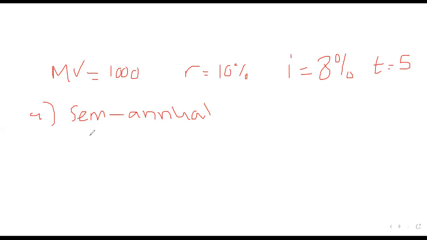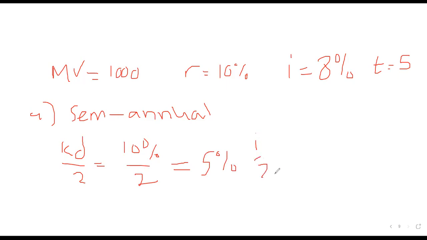So the semi-annual bond, firstly, we need to make adjustments. Our market rate we'll be using, we divide by 2 because semi-annually means twice. So instead of using 10% for the semi-annual, we're going to be considering 5%. For the coupon interest, instead of using 8%, we'll be using 8 divided by 2, which is what? 4%.